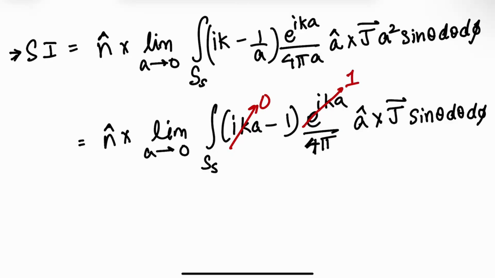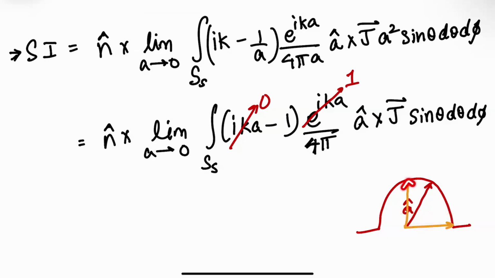What happens to a hat? If you recall, I have the surface like that, and our a is this vector, a hat. This can always be decomposed into a component that's normal to the surface and a tangential component. For example, if a hat was this one, then that would be the normal component and that would be the tangential component.